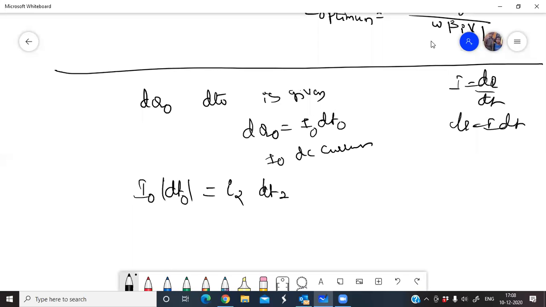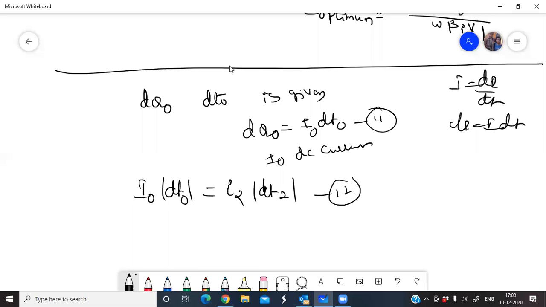Taking the modulus, I naught mod dt naught equal to I2 mod dt2. This is equation number 12, and the earlier one is equation number 11.